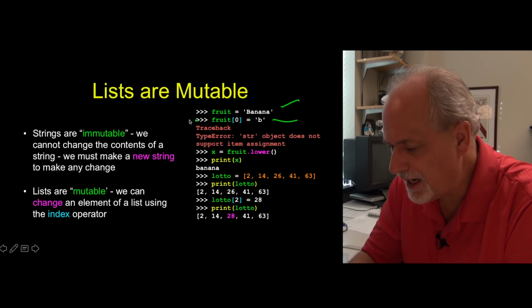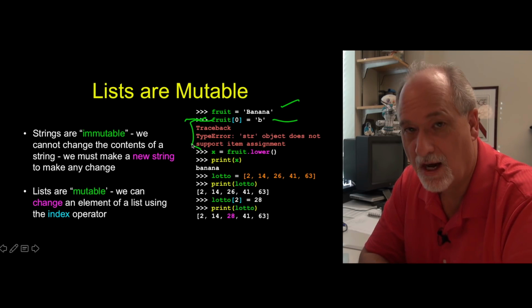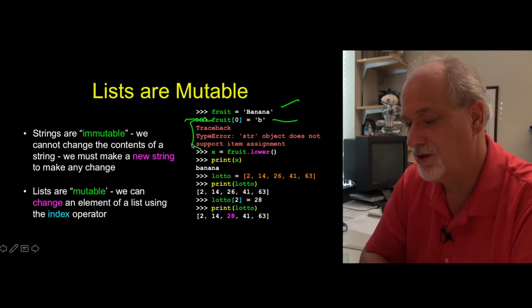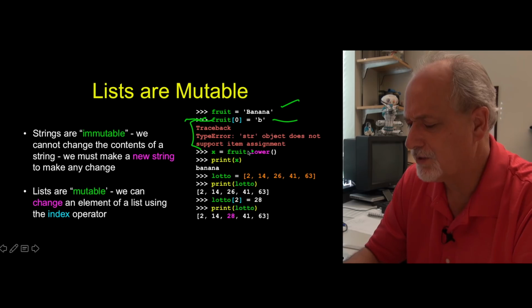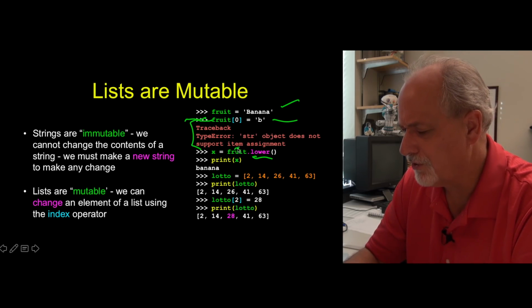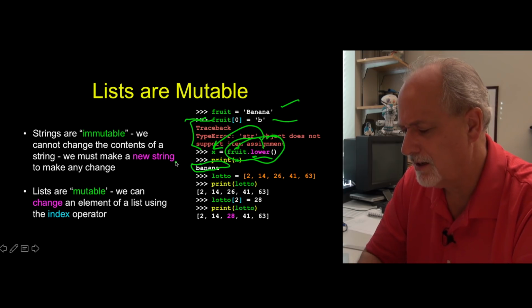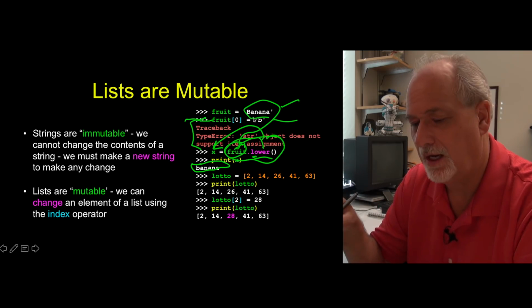The syntax would be how you would do it if you could, but it turns out strings are not mutable, meaning they're not changeable once you create them. That's why when we do things like lowercase or uppercase, we look at the fruit and say, give me a lowercase copy of that, take the return value and store that in x, and that's how x becomes a lowercase banana. But fruit is still the original one, so fruit has not changed.